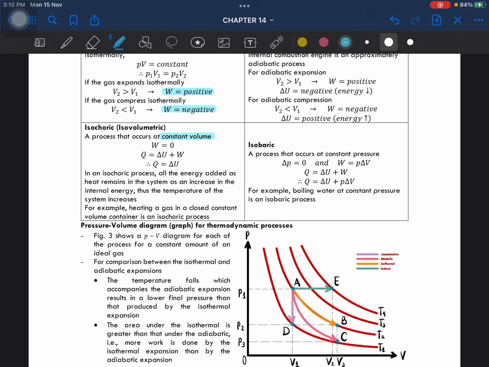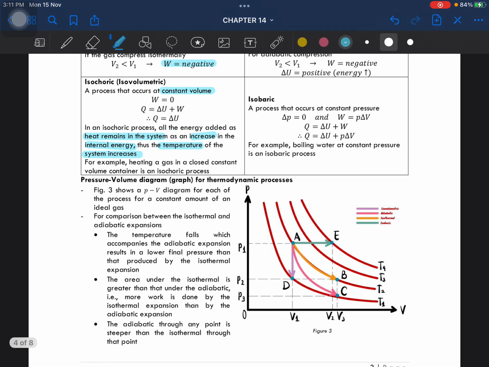It causes an increase in the internal energy, hence the temperature of the system will also increase. For example, heating a gas in a closed constant volume container.